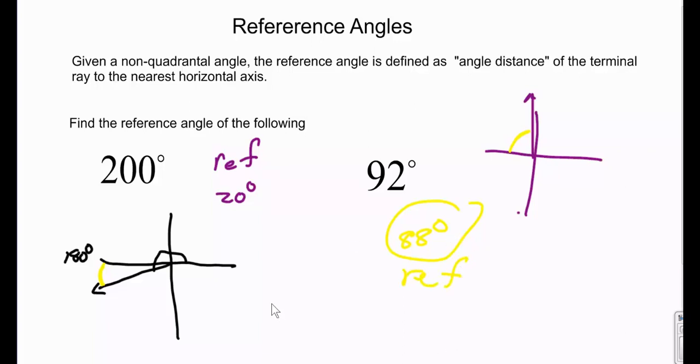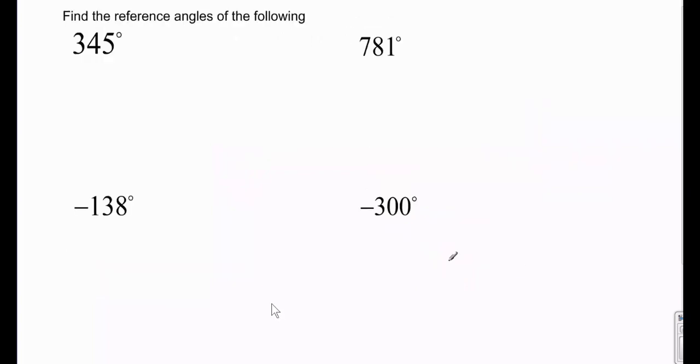Let's go to the next example. We're going to find reference angles for all the following. So we've got some more positives and negatives. 345 is probably the easiest one on this page. If I look at where 345 is, I'm somewhere in the fourth quadrant.